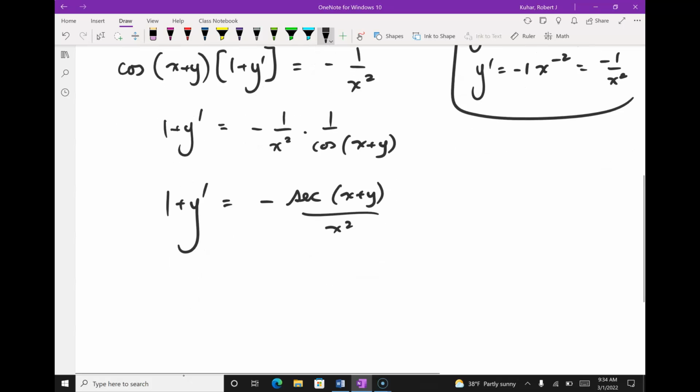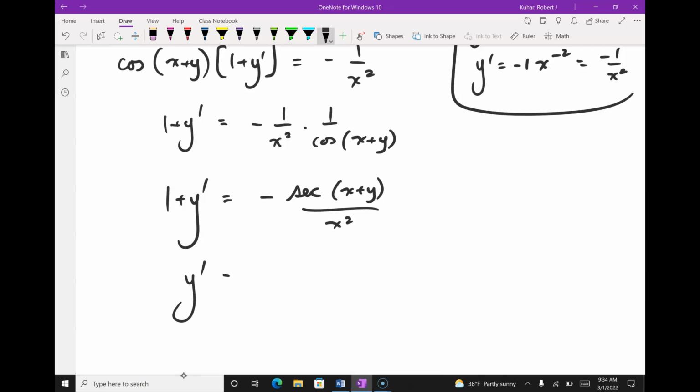So I want to subtract 1, and I got my y prime. So the opposite of secant of x plus y over x squared minus 1. So not in terms of x, in fact, barely in terms of secant, because I have trigs and non-trigs, right?